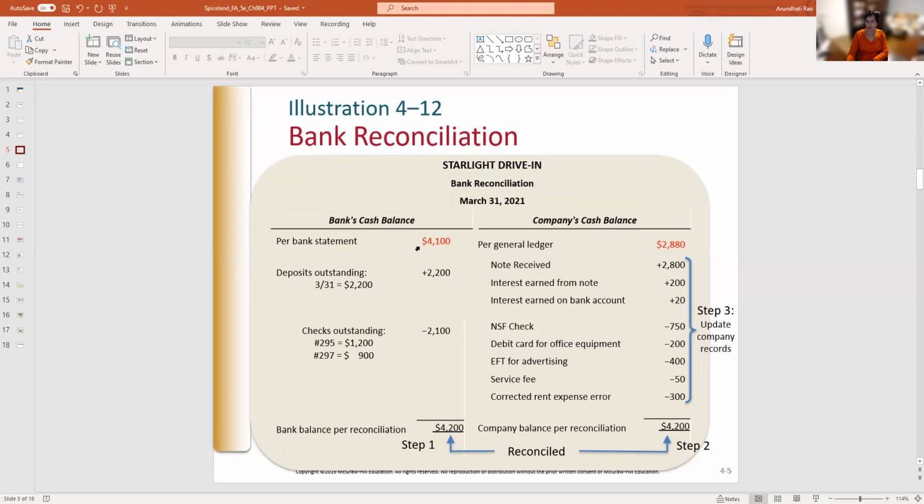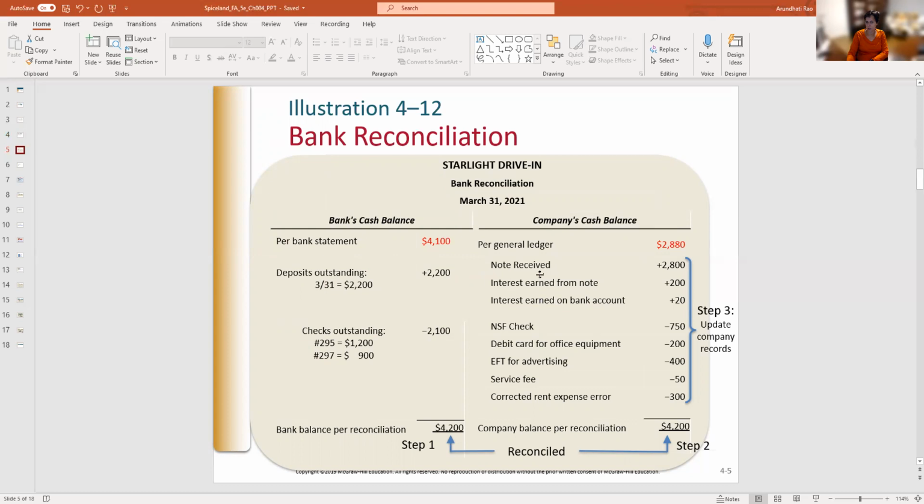So on the bank side, you start with what the bank says you have, add deposits in transit, subtract your checks outstanding, and if you're given details, write down all the details in the inside column and put totals in the outside column. On this side, you have the cash balance as per your books, whatever has to be added.